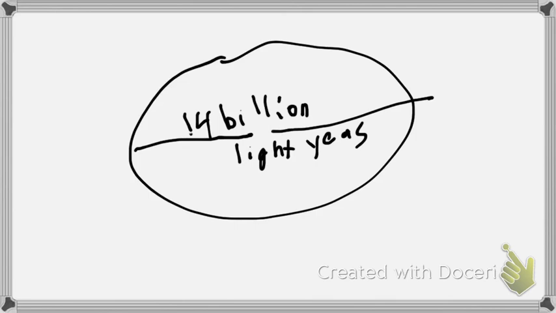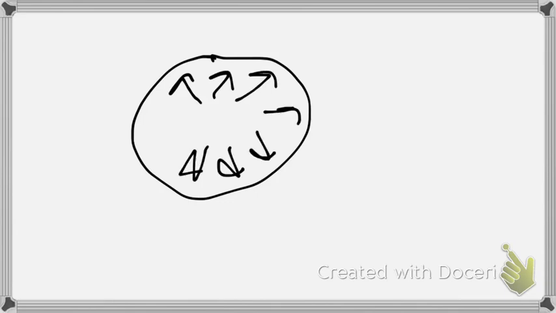It's not really a perfect sphere, because it expands in different directions at different speeds, but it's currently 14 billion light years across. And everything is moving away from everything else. Okay?